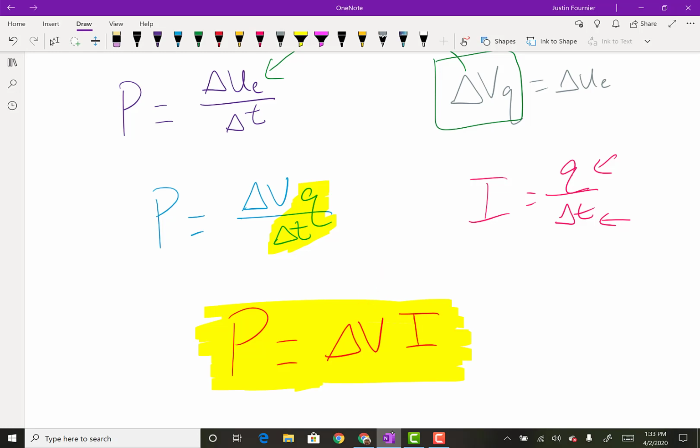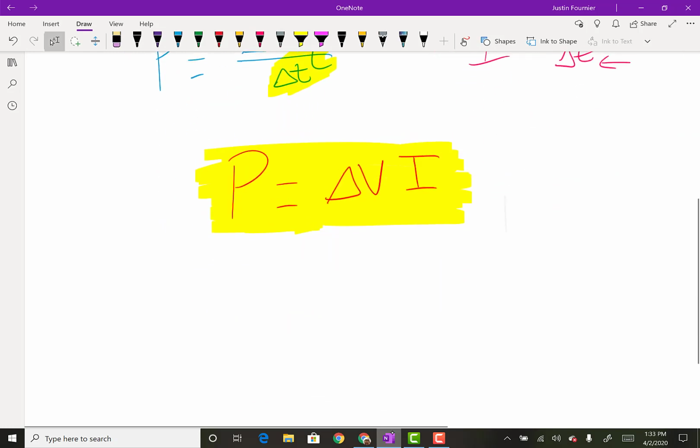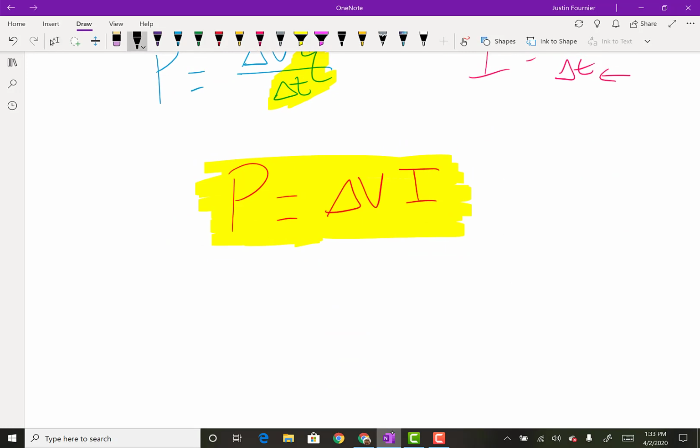That's the power. Now, you can also apply Ohm's law. The voltage is equal to the current times the resistance, and get simpler. You might not know the potential difference. You might not know the current or something like that. So you can use Ohm's law. Let's say I don't know the potential difference, and I wanted to calculate power, but I did know the current and the resistance.